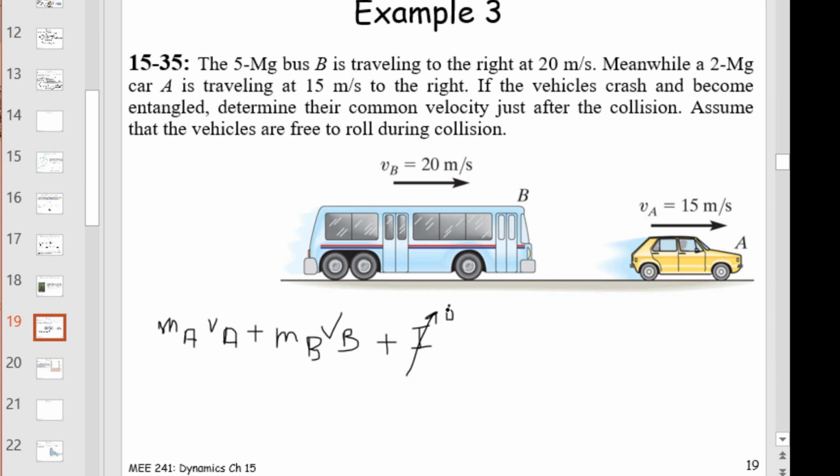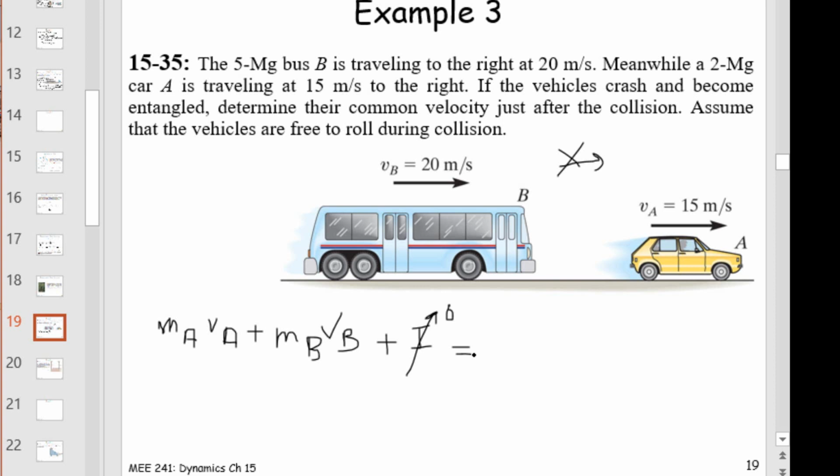They are saying that I have to assume that the vehicles are free to roll during collision, so there are no forces in the x direction. Of course, there is a force in the y direction, which is the weight and the normal force, but in x, so these two velocities are in x, there are no forces during collision, and this will be equal to the momentum at state 2, which will be the state just after the collision.